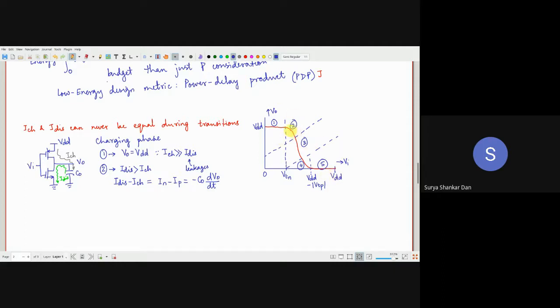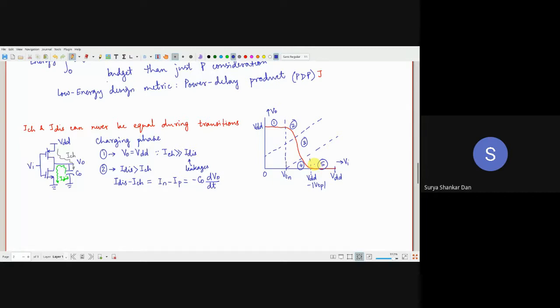So that means during the discharging phase, that is the high to low transition, that is possible if and only if the discharge current is higher than the charging current. Okay, and this will continue until the transition is over.